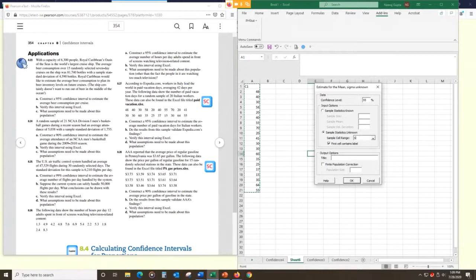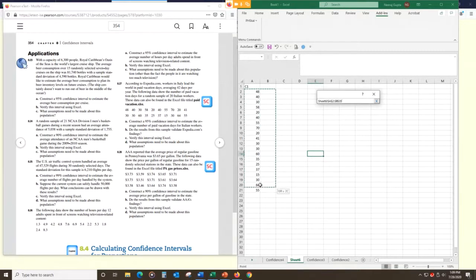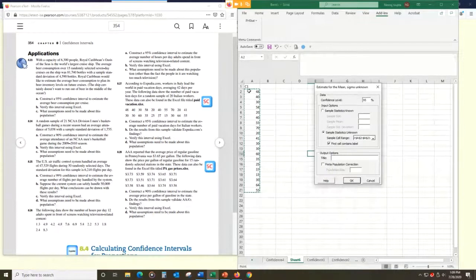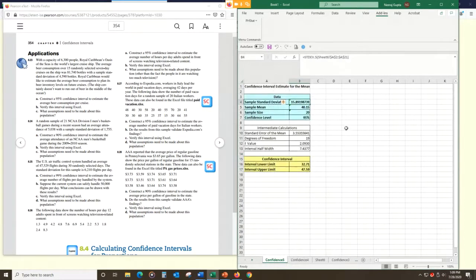But if I'm choosing from here, I'm not including the label, so I should uncheck it. So be careful. By default this is checked, so do not just hit enter. You have to be careful what you have chosen from which cell. Okay? Then you click OK.